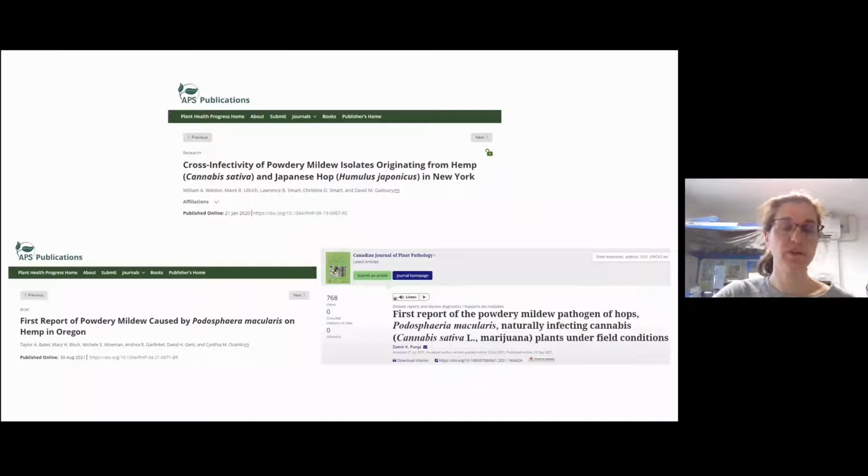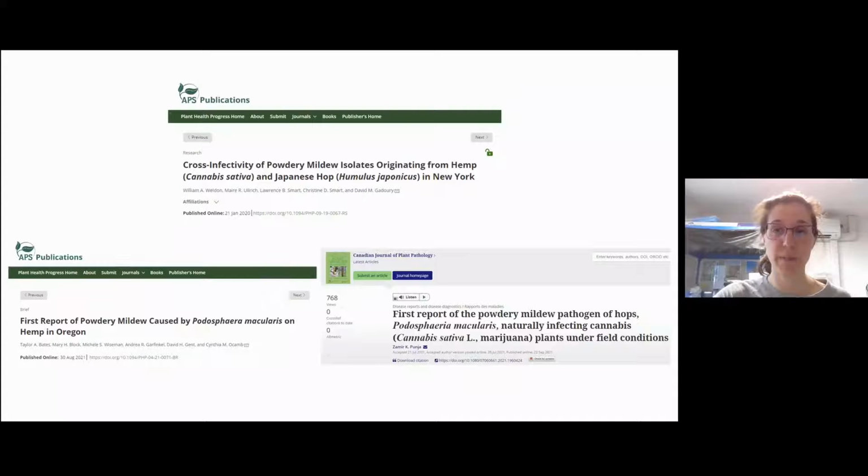Something interesting about Podosphaera macularis, and we'll talk a little bit about why we're interested in these two species in just a second: because there was the previous knowledge that hops is the most closely related economic plant to hemp, there was some interest in understanding whether or not the hop powdery mildew could infect hemp because of the increase in hemp acreage, especially around hops production.